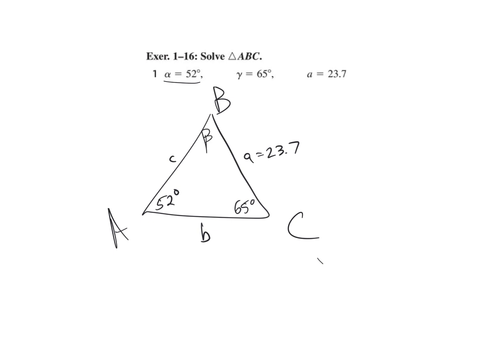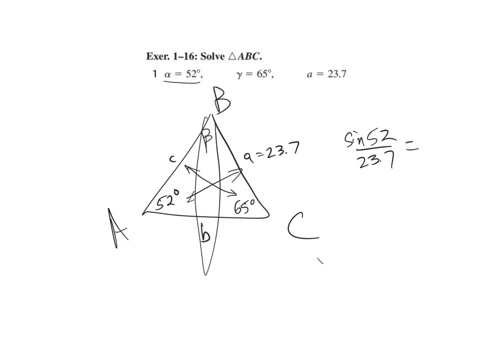This would be beta if we knew beta. Okay, so now what you do is you put the sine of 52 over 23.7 and set it equal to the other pieces that you know of. We don't know the beta or the b, so we're not going to use that yet. So the sine of 65 over c.